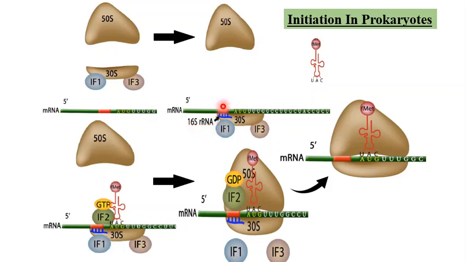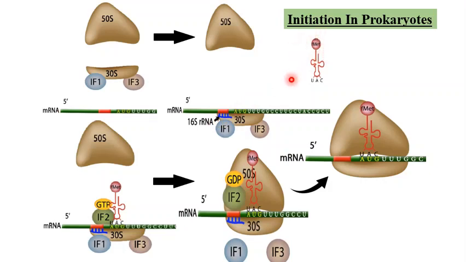So binding will be between the messenger RNA leader sequence and 16S rRNA of the smaller subunit. And obviously mRNA is in the 5' direction, and this ribosomal RNA will be in the 3' to 5' direction.